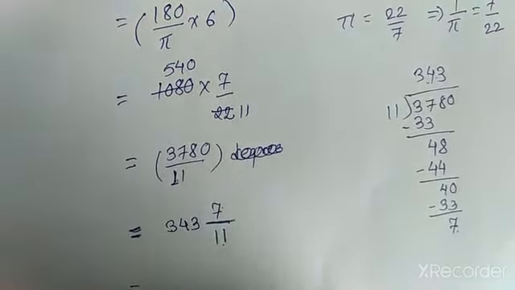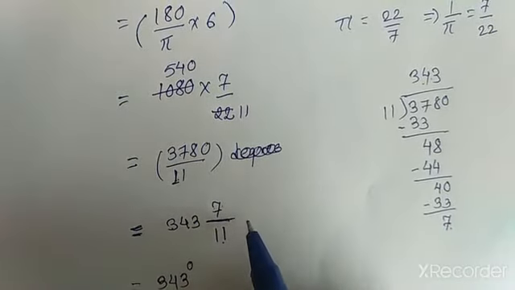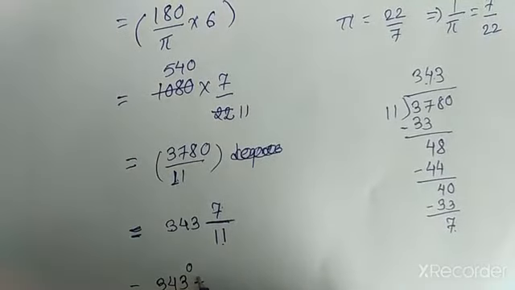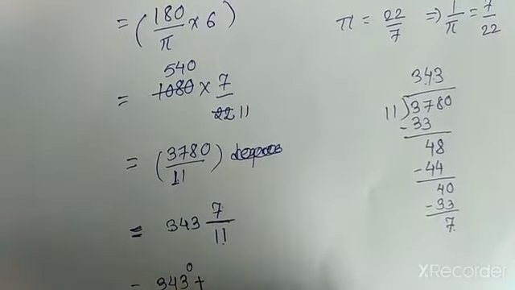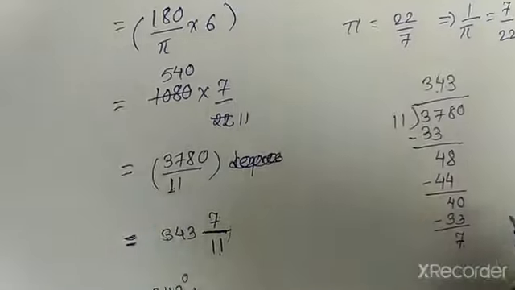So here the degree is 343 degree and the remainder is a minute part, so we have to convert it into minutes. It can be converted into minutes by multiplying, since 1 degree is equal to 60 minutes.